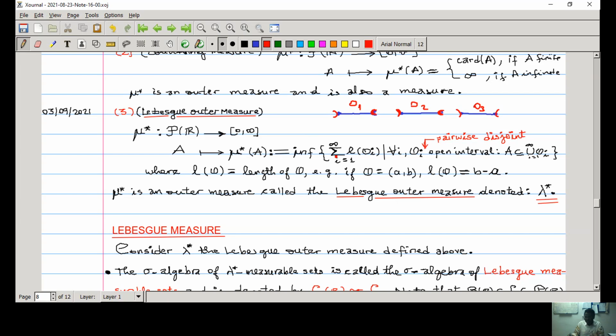So you compute the summation for all possible coverings of A, and among these sums, you take the smallest possible, the infimum of all these summations. So the infimum, in fact, will be on the covering. Okay, so that's roughly to give you an idea of what the definition is all about.